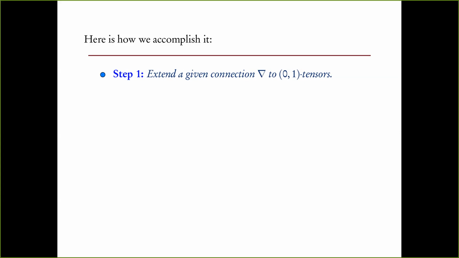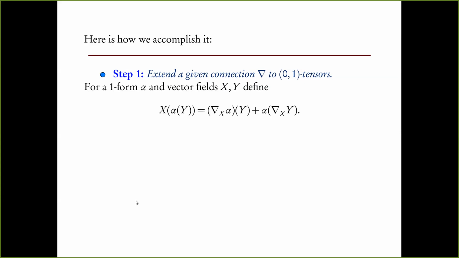So you find a 1-form alpha. The X is going to be the direction in which nabla acts, so this X is always there as a subscript. Given a one-form alpha and a vector field Y, you define the covariant derivative of the one-form alpha along the vector field X by this formula.